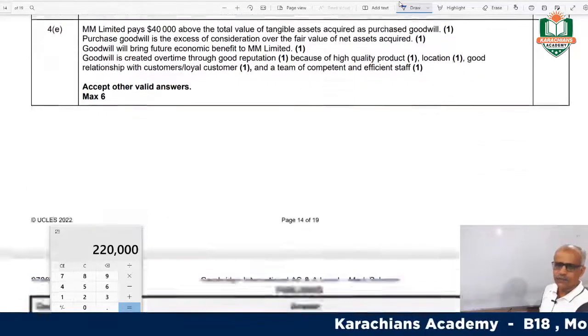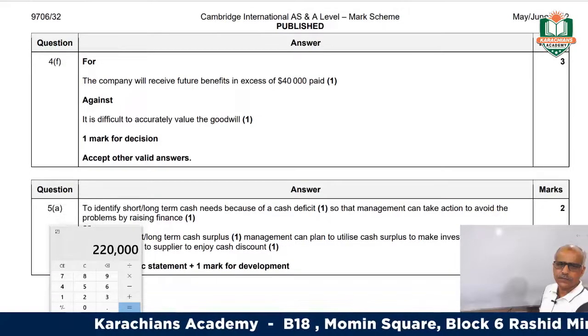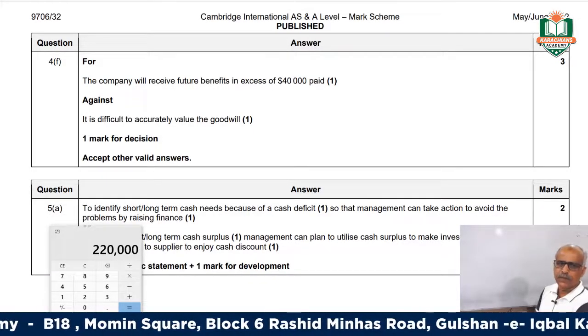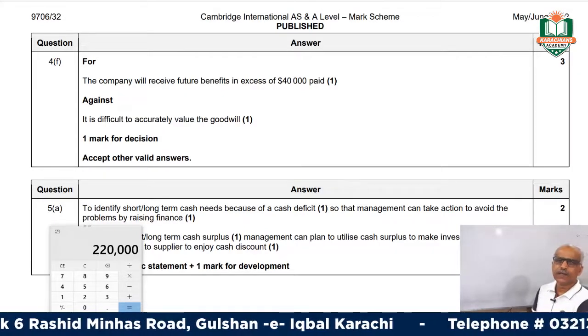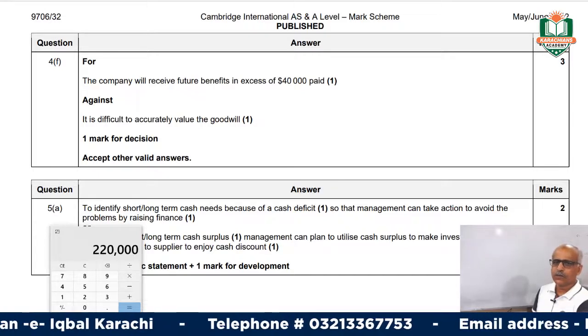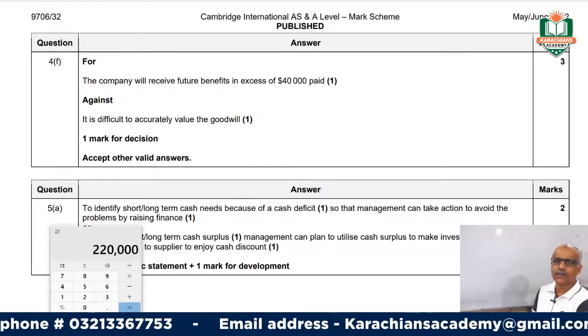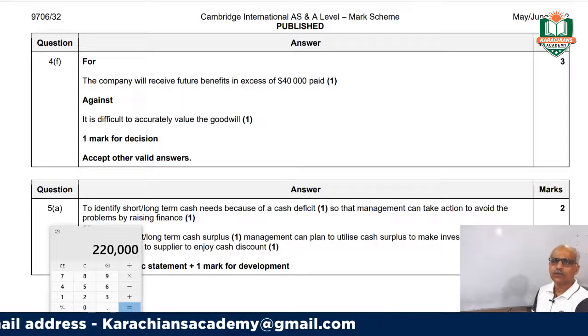And F: the company will receive future benefit in excess of the 40,000. This is very clear. The business is only paying 40,000, but as I explained, the business will not need to make more efforts. It does not have to strive for getting more customers.